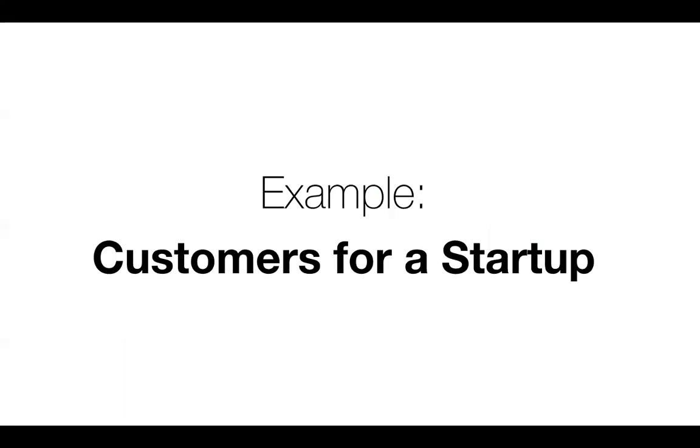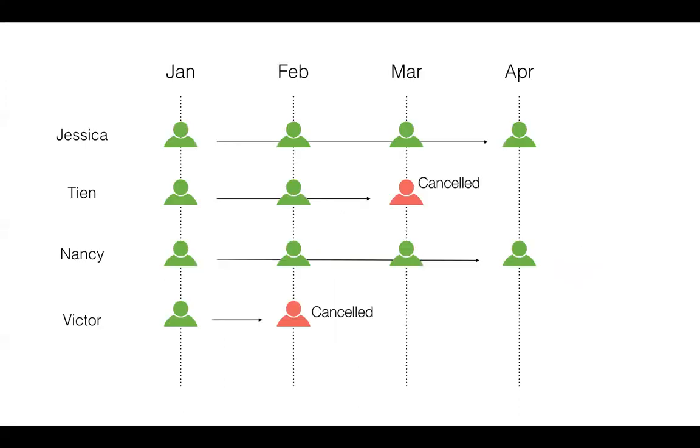Okay, so let's use an example. Let's assume a SaaS or subscription business, and we have customers, and we're interested in how the customers are leaving, or how long they stay before they leave, right? Let's imagine we have 4 users or customers, and 4 months that we are observing: January, February, March, April.